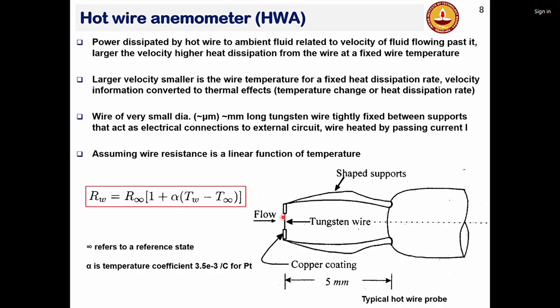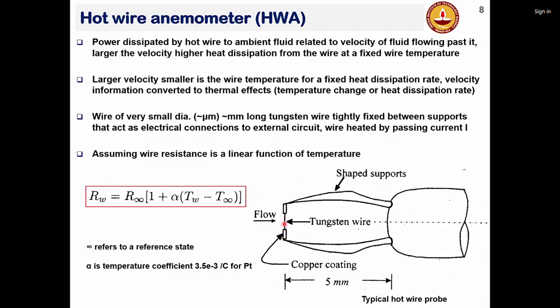Because the principle that we will subsequently see is based on resistive heating, I squared R T. The R has to be appreciable, so that a good amount of heat is generated. That is why we need a very high resistance wire, and the resistance can be increased by making it thinner and thinner.